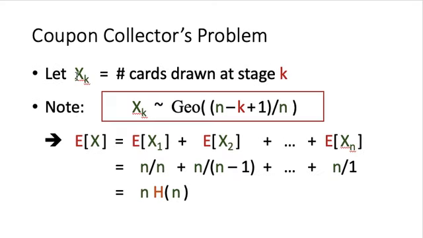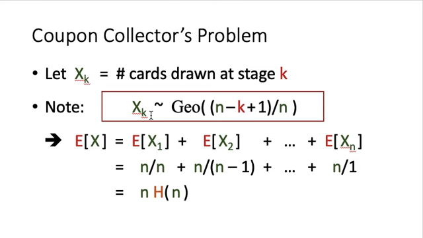Suppose we let X_k be the number of cards drawn at stage k. Then X_k is actually a geometric random variable. It is like flipping a coin. In the first stage, any card will be okay. But in the next stage, only n-1 out of n cards will be okay.